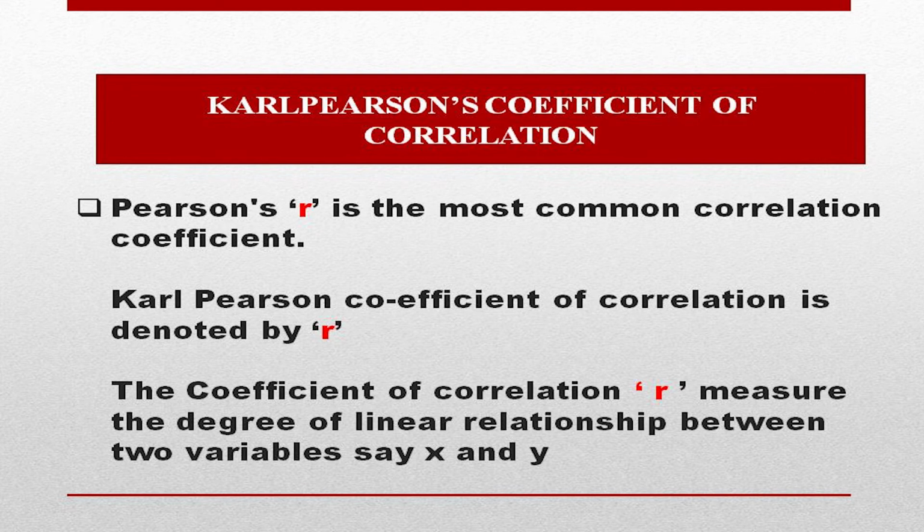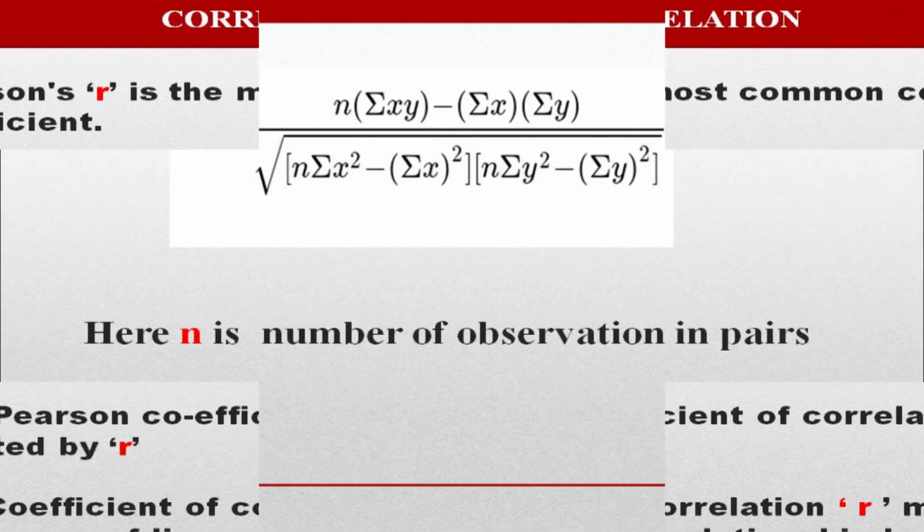Next, we are going to see the Karl Pearson coefficient of correlation. Pearson's r is the most common correlation coefficient. It is denoted by the small letter r. The coefficient of correlation measures the degree of linear relationship between two variables, say x and y.